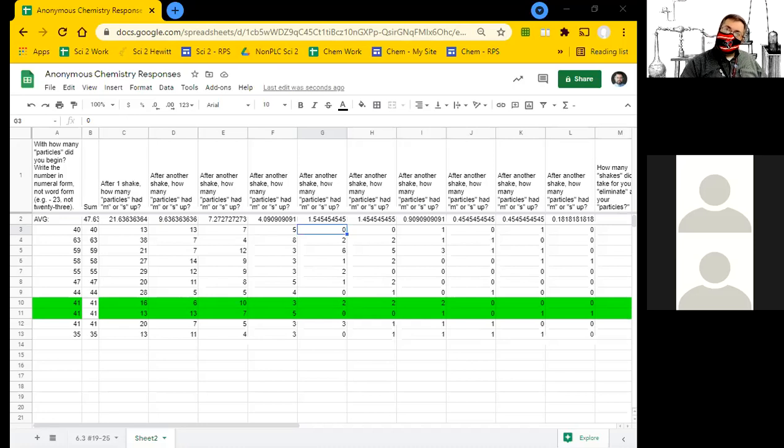Smoke detectors, though. Smoke detectors use americium. It's not americium, it's a soft C, americium. And guess what it's named for?